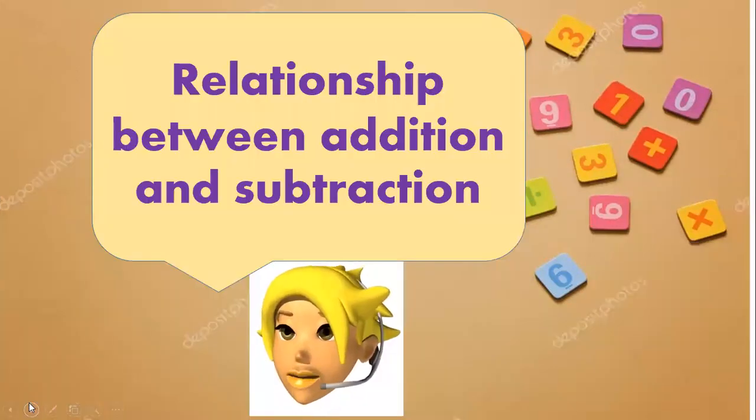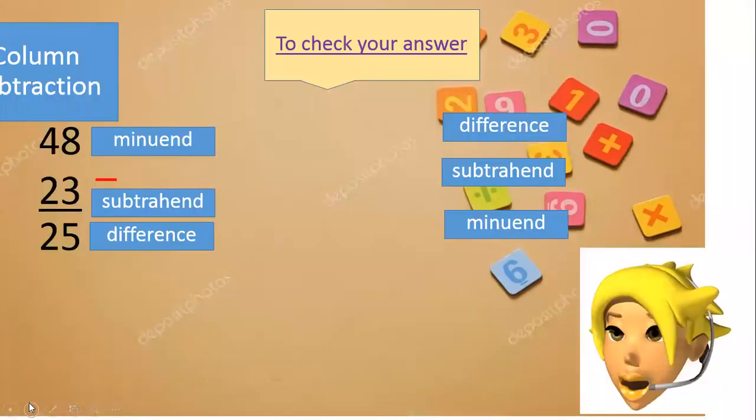In our next slide, we're going to learn the relationship between addition and subtraction. In this slide, we're going to find the difference and check our answers. We have here an example of column subtraction: 48 as our minuend minus 23 as our subtrahend equals 25 as our difference.